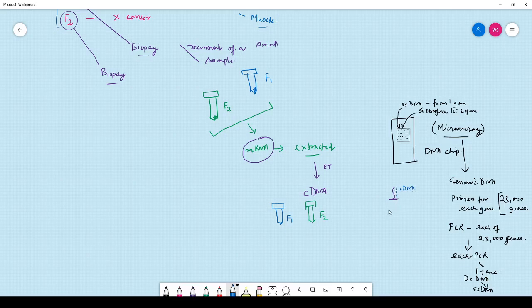So the single-stranded DNA in the microarray can bind to its complementary DNA by a process called hybridization.